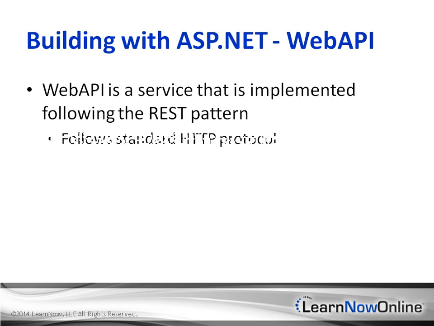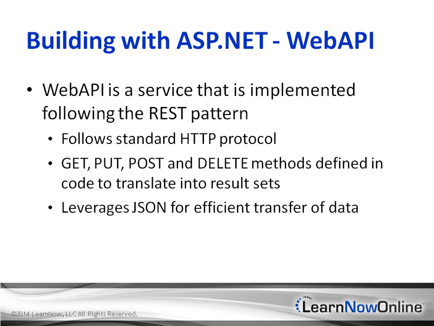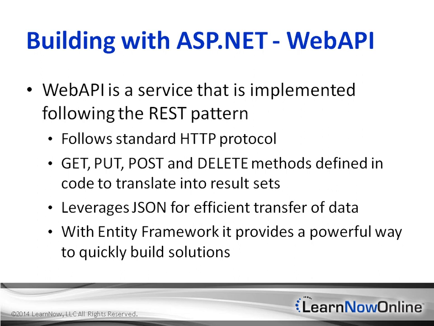It uses the standard formats where I can get XML or JavaScript objects or whatever I decide to send back and forth. Working with things like the Entity Framework, it provides a very powerful way to expose a data pattern for my application to consume that data and very quickly build solutions that can work with the data.